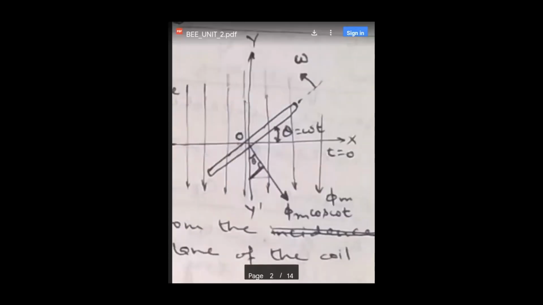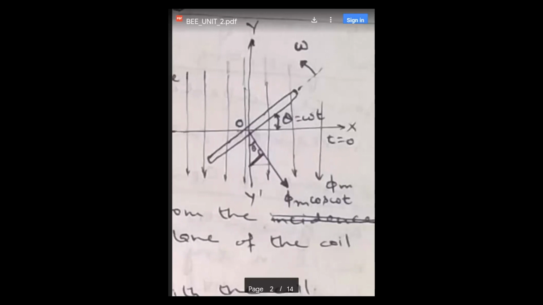So this is our conductor, and since the rectangular coil has moved to the position theta in the positive direction of the x-axis, the flux associated in the perpendicular direction of the coil will also be shifted by the angle theta.